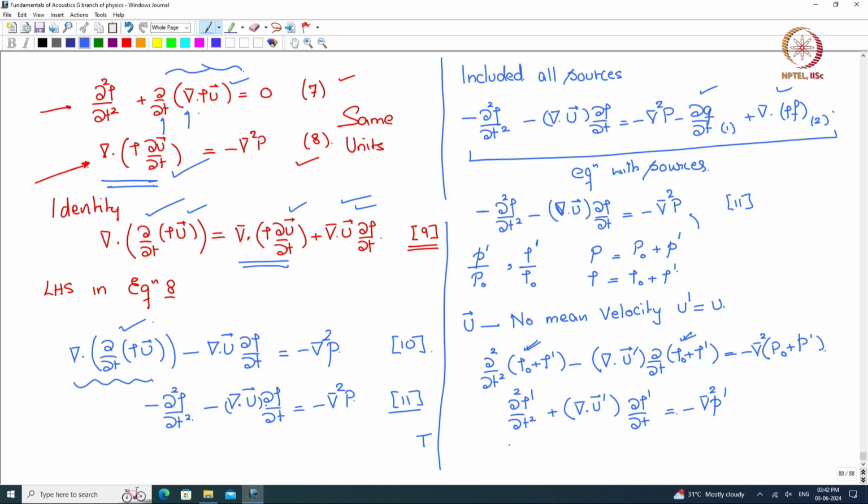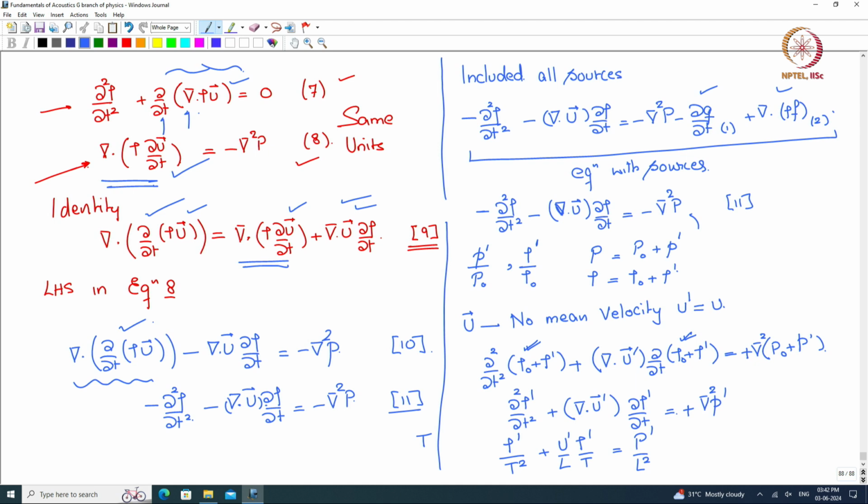So what I get is rho dash by t square plus u dash over L rho dash over t is equal to p dash over L square. This should be a plus.